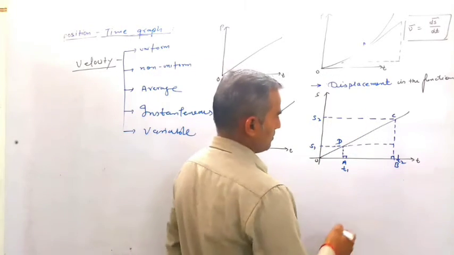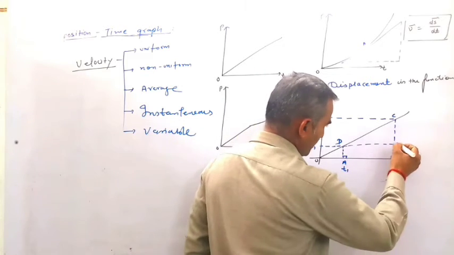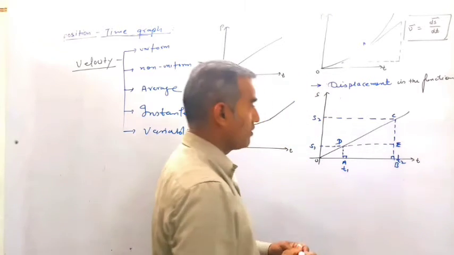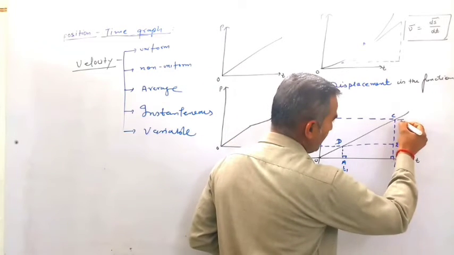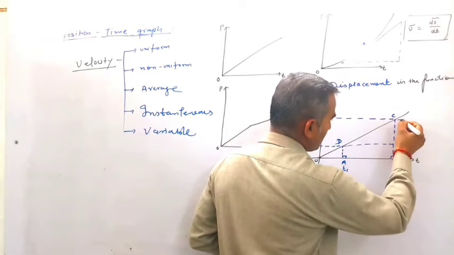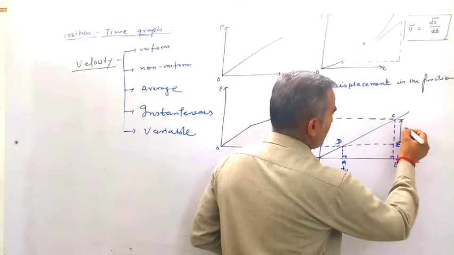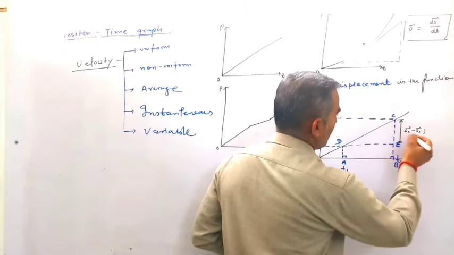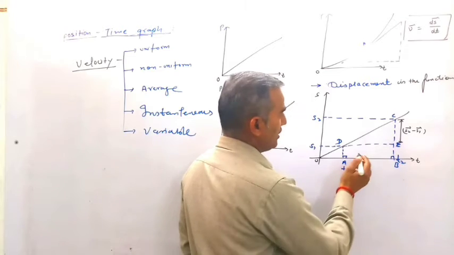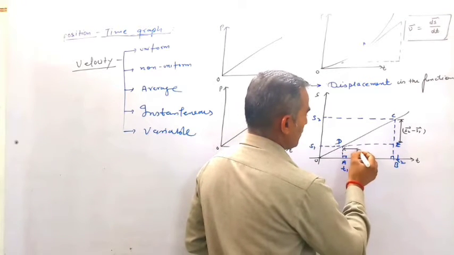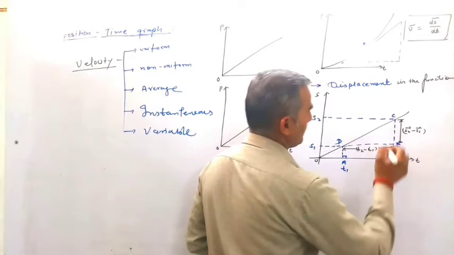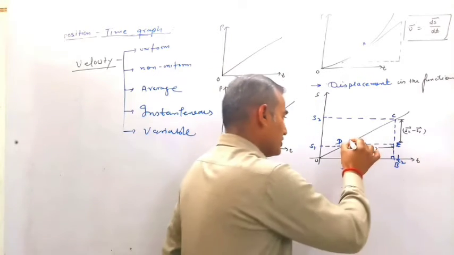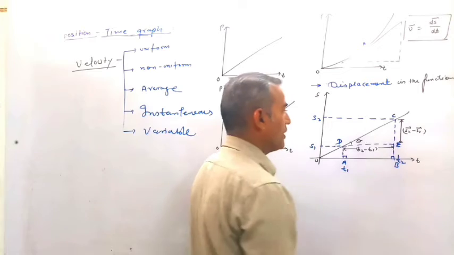So say this is the point E. What is the value of CE? The value of CE will be the difference S2 minus S1, and the value of DE is t2 minus t1, and here this is the slope theta.